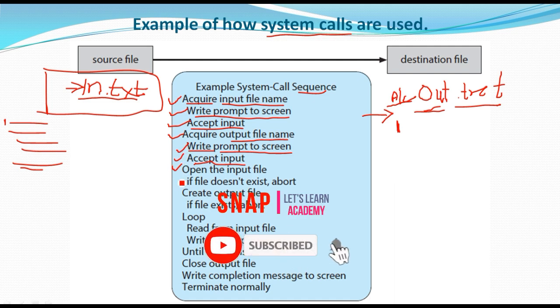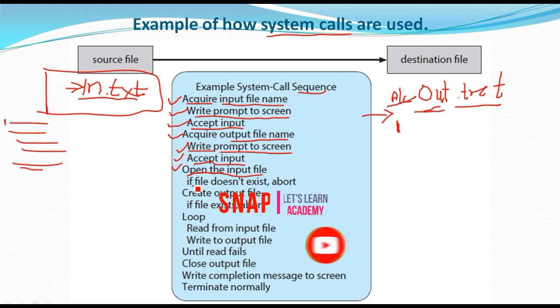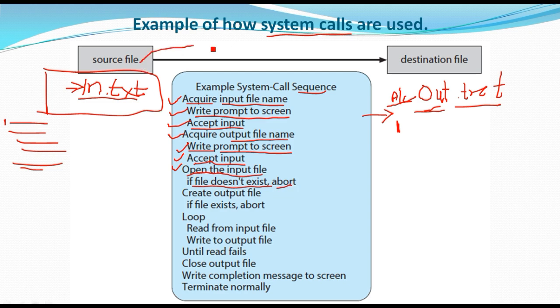Open the input file. If the file doesn't exist, meaning the in.txt file doesn't exist, abort, which means we won't copy the content of the source file to the destination file. Abort means cancel this task.